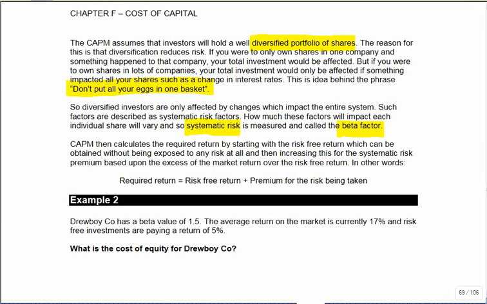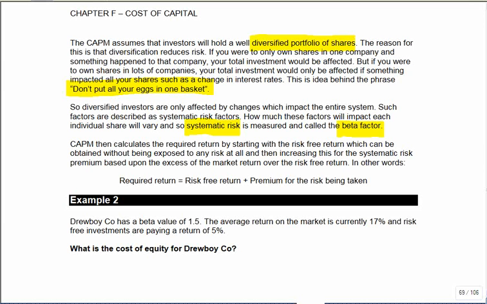If you were a luxury holiday company and the economy went into recession, I can imagine your sales would nosedive. But having said that, if the country went into a boom, your sales would presumably go through the roof. So a holiday company, a luxury company, something like that, would have a much higher beta. A supermarket would have a much lower beta.